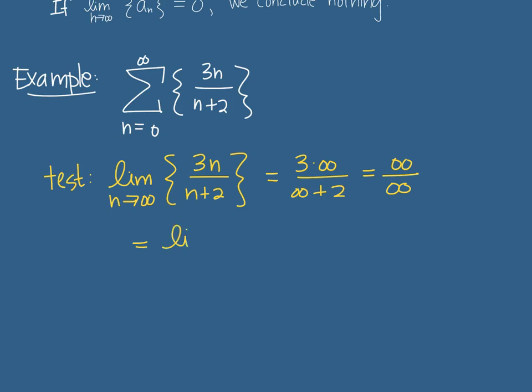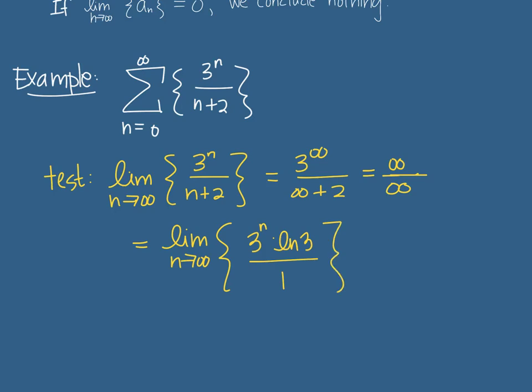So we apply L'Hopital. Now, we need L'Hopital. So what's the derivative of 3 to the n? 3 to the n itself times ln 3, over the derivative of n plus 2, which is 1.